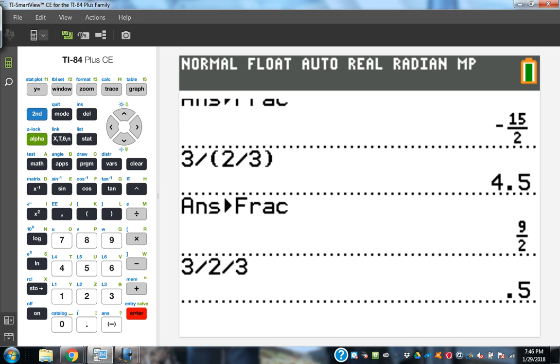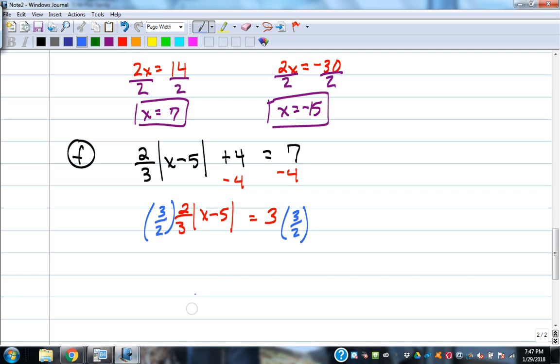Obviously, 4.5 and 0.5 don't give you the same thing. So be very careful if you're going to do division that you put what you're dividing by, if it's a fraction, in parentheses. If you don't do that, it's going to give you an incorrect answer. So here the absolute value of x minus 5 is equal to 9/2.